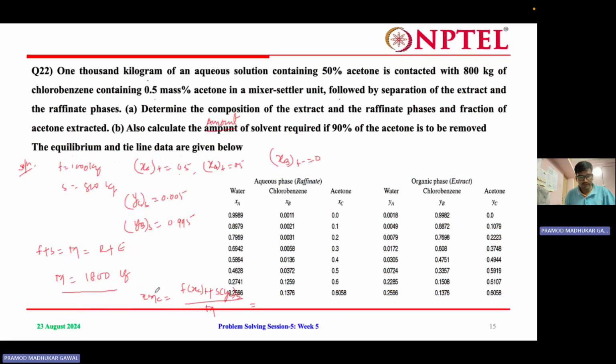So you put in this equation all the values, you get 0.28. So it's the composition after mixing, means solvent and feed.